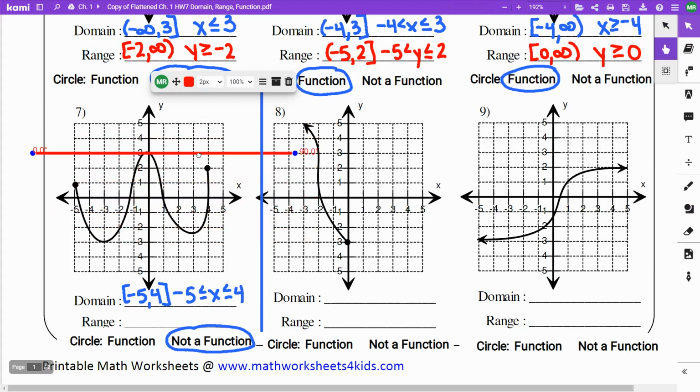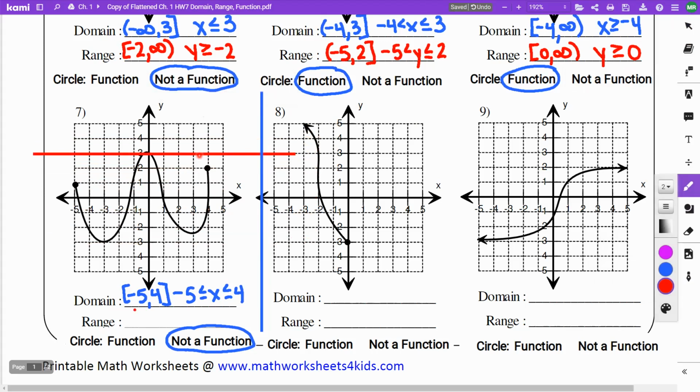The highest this graph goes, it looks like it goes to, let's say that that is 3. Okay, so from -3 to 3. So this is going to be from -3 to 3, close bracket. And so that's going to be -3 less than or equal to y less than or equal to 3. You don't have to give me both of these. I'm just running both of them in case you prefer one or the other.